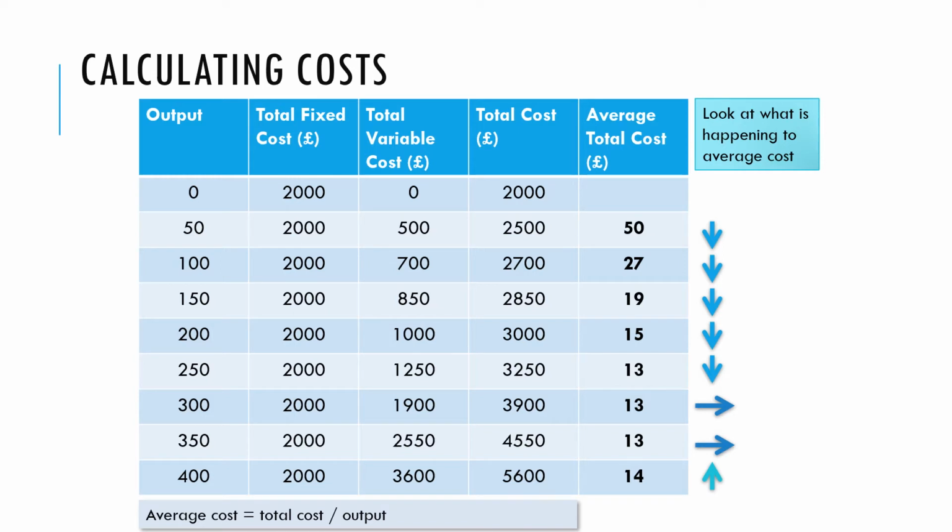So here we can see a table showing us some cost data for a business. Here is the level of output that they might produce, and we can see they're increasing each time, so 50 more units each time. The second column here shows us the fixed costs, and what we can see here is these costs do not change as we increase output. So as we increase output on the left, we don't increase how much we spend on fixed costs, so it stays the same.